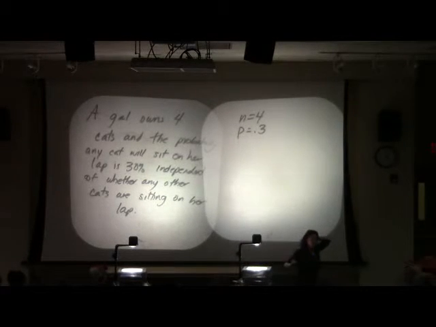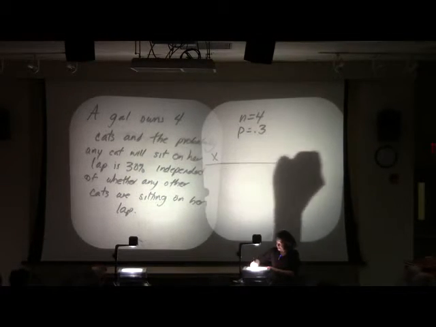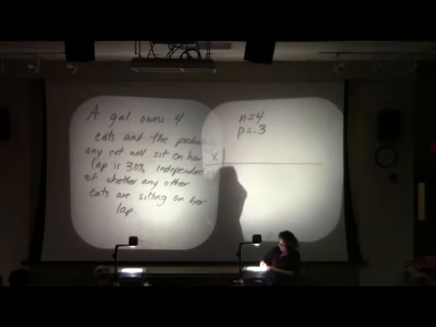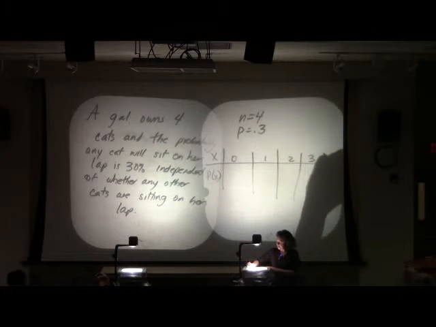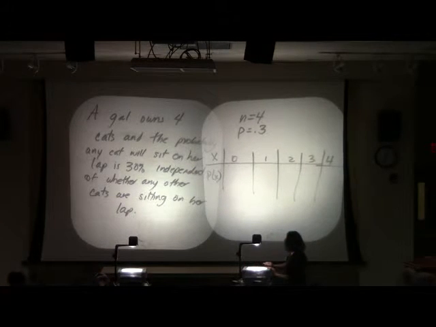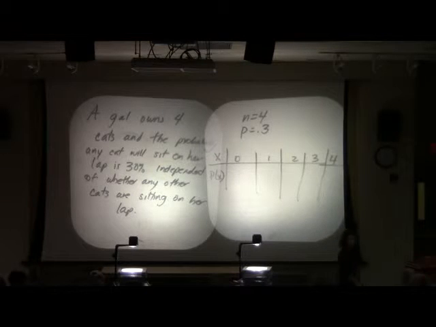Let's make a probability distribution table using this. Do you agree that there could be 0 cats, 1 cat, 2, 3, or 4 sitting on her lap? Those are our different values of x. I'm doing this partly to motivate the definition and the formula for the expected value in a binomial, but partly also to give us more practice.